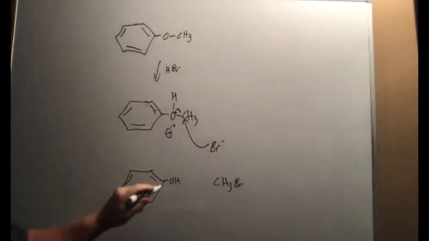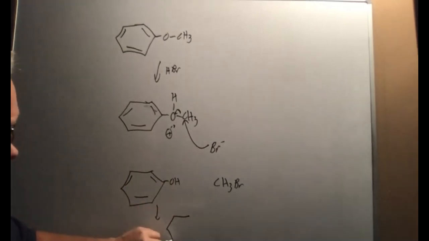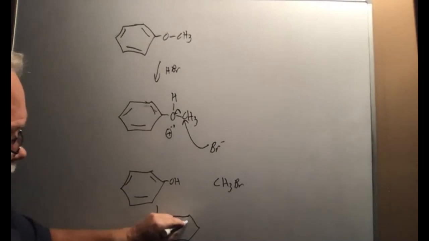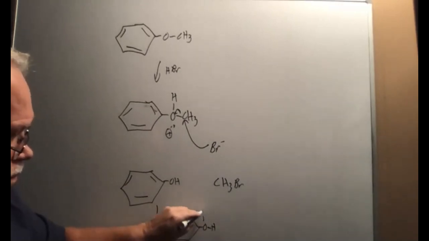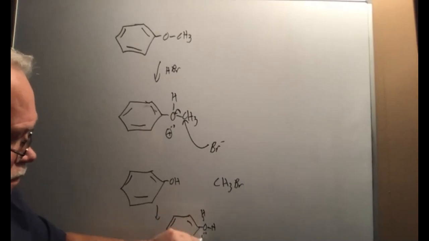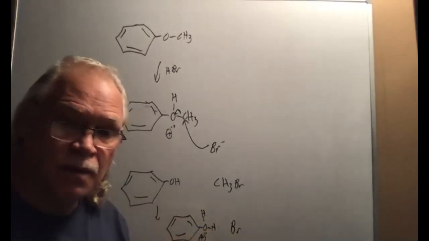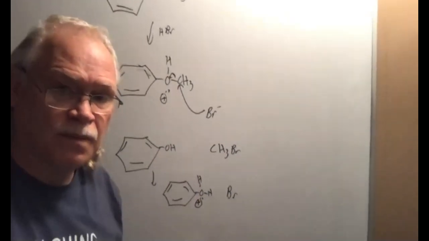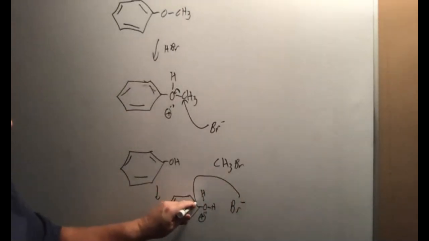Now, if we were to protonate this then, we would get that. But can the bromine come in and backside attack now?